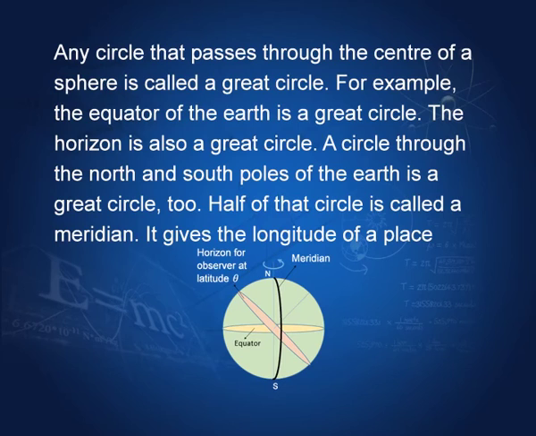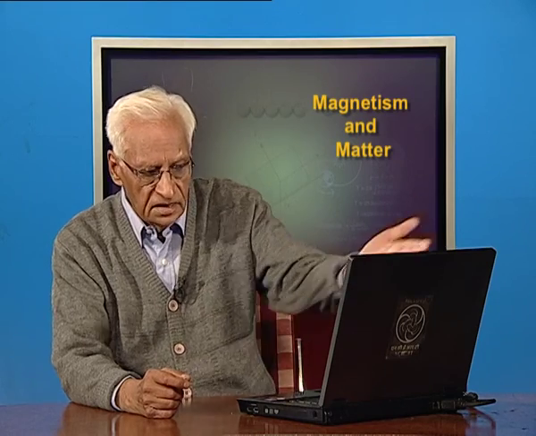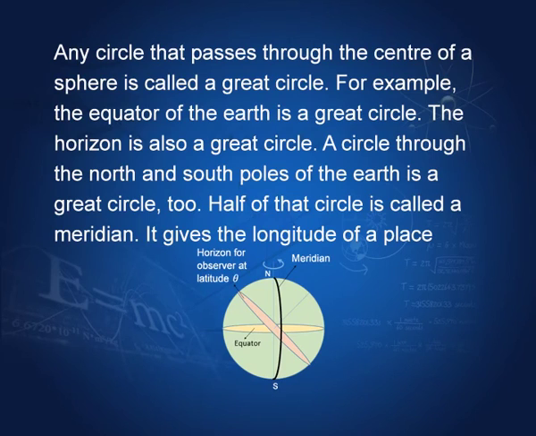For example, the equator is a great circle because the plane of the equator passes through the center of the earth. The horizon is another great circle because the plane of the horizon passes through the center of the earth.